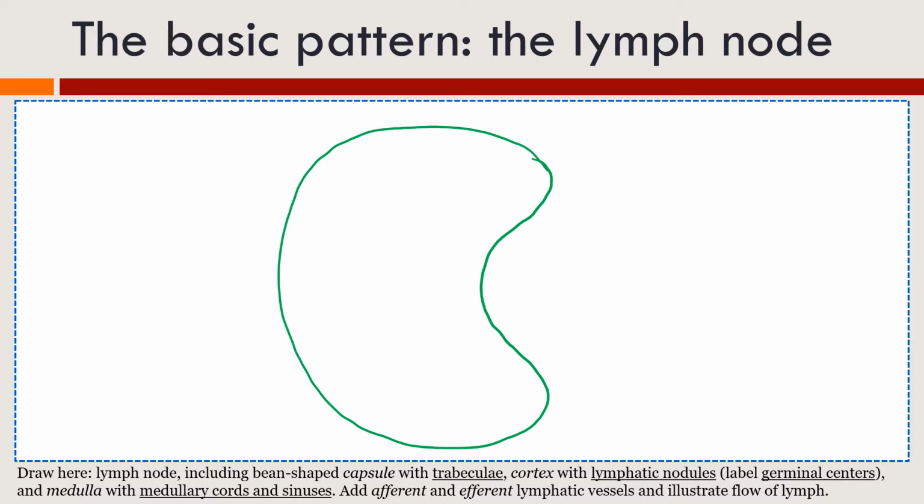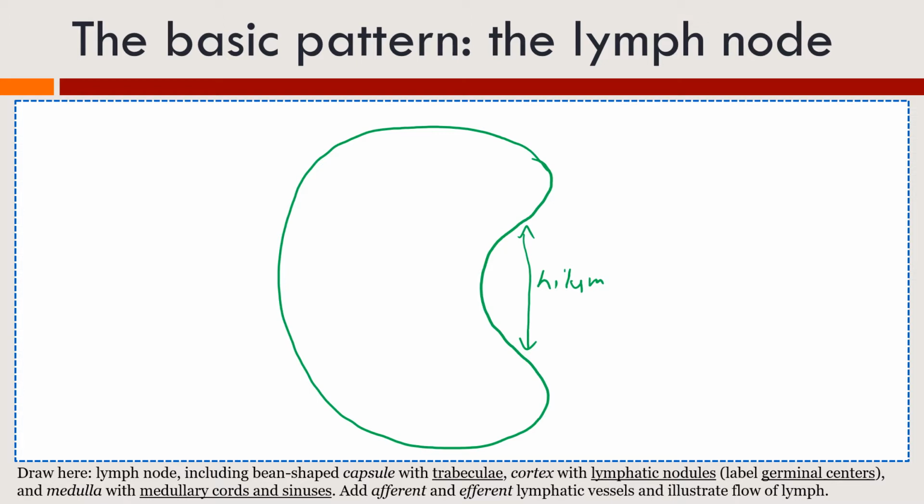The first thing to note is that it's got this dimple here, the dimple in the bean, so to speak, and that is known as a hilum. We'll encounter many organs in this class that have a hilum, some of them today, of course, but also the lungs have a hilum, the kidneys, even the ovaries have a hilum.